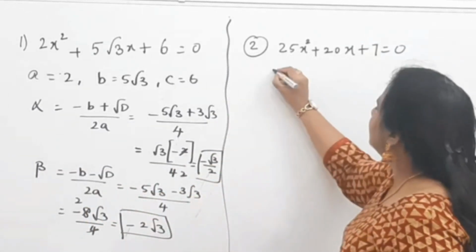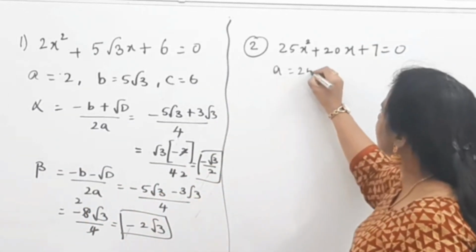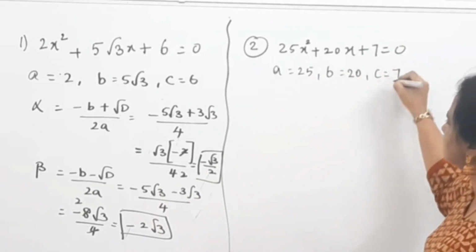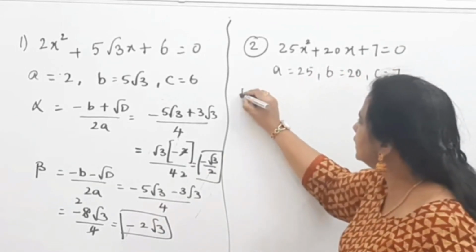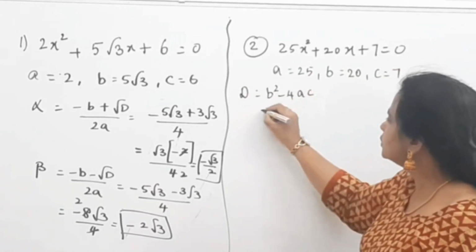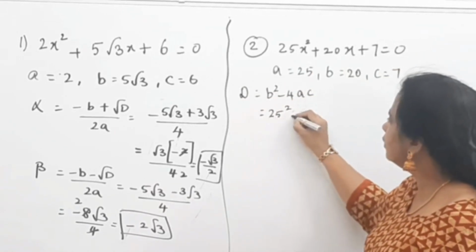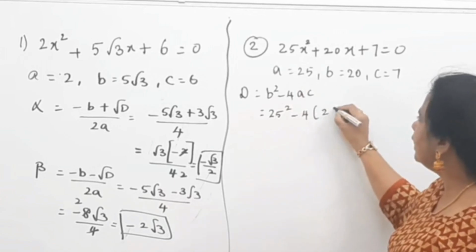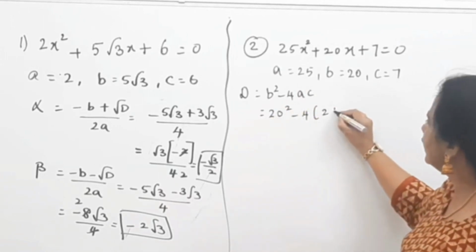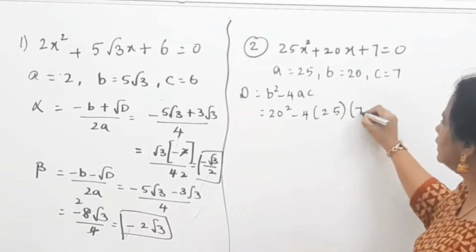Here we write a is equal to 25, b is equal to 20 and then c is equal to 7. So let me find my d, which is equal to b square minus 4ac. So substitute, this is 20 square minus 4 into a is 25 into c is 7.